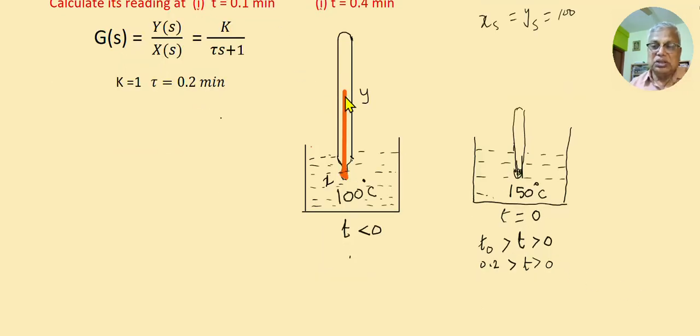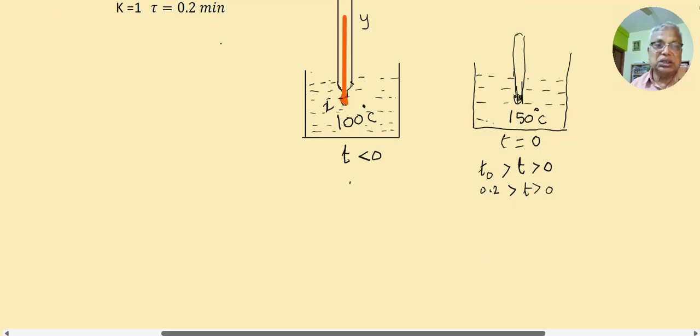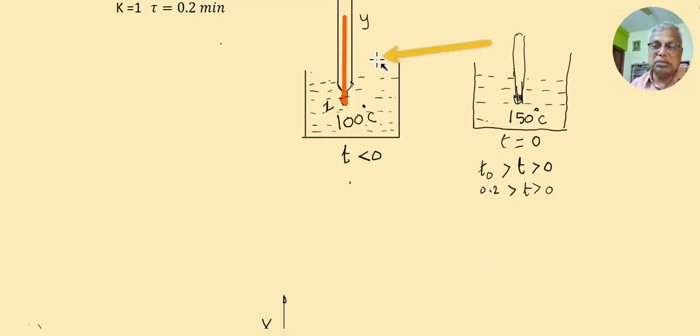So the surrounding temperature now changes from 100 to 150. But how long is it kept here? Not permanently, only for 0.2 minutes. It is transferred to another bath and left there only for 0.2 minutes. Afterwards, after 0.2 minutes, it is returned back to the original bath.